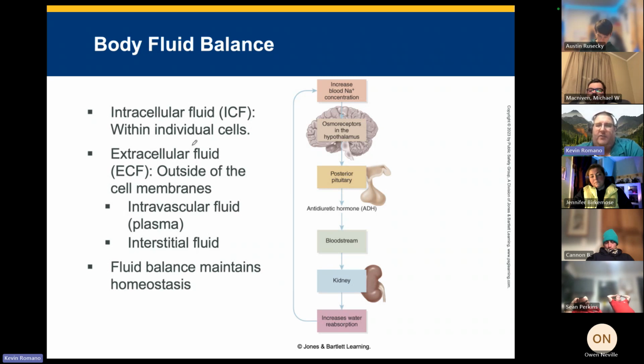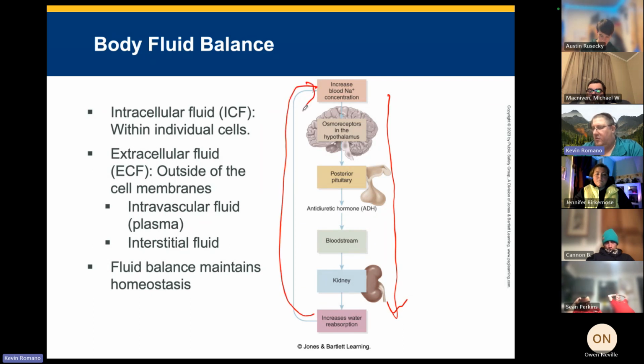The kidneys are then going to excrete that waste water product through the urine byproducts and increase water reabsorption. Goes back around in the cycle. So as you can see, it starts up here, works its way down, and then increased water reabsorption comes back up again, and the fluid chain continues, right? This is how we meet that homeostasis.